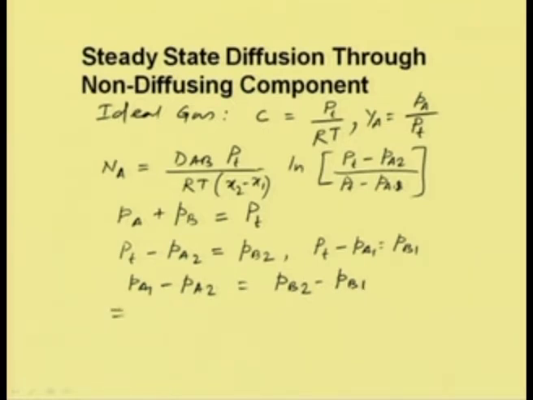From this we can write (P_A1 minus P_A2) divided by (P_B2 minus P_B1) will be equal to 1.